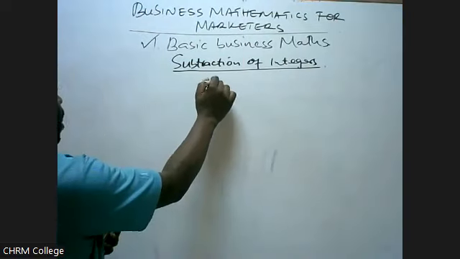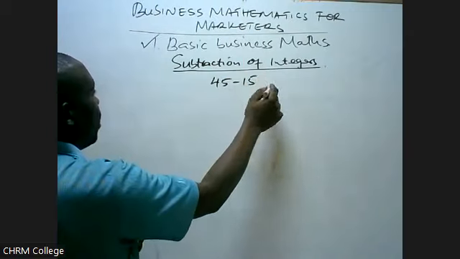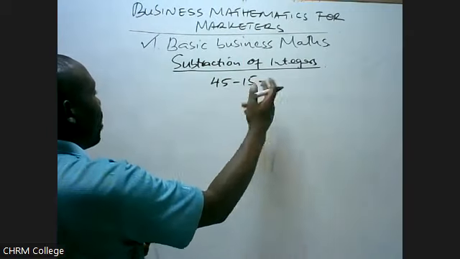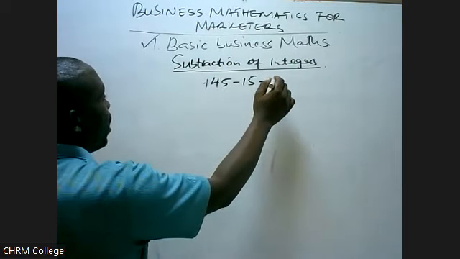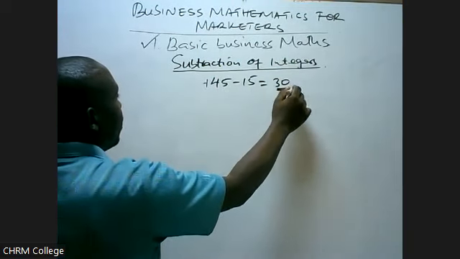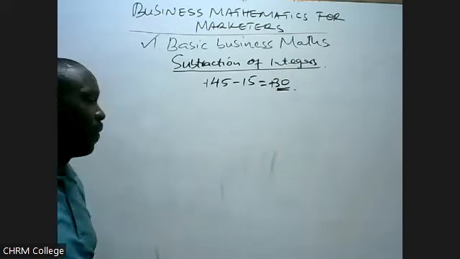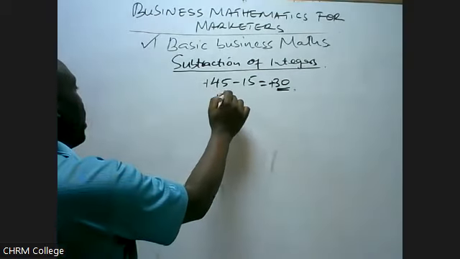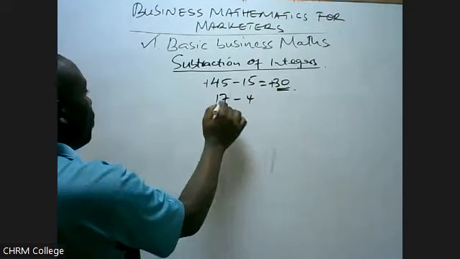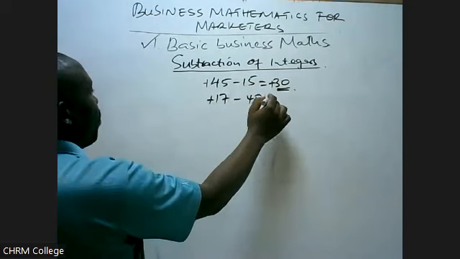When you have 45 minus 15, this is simply what? You will get the answer, and it is going to be positive. When the first number is smaller, like for example, you have 17 minus 40, this remember it is positive 17 minus 40.